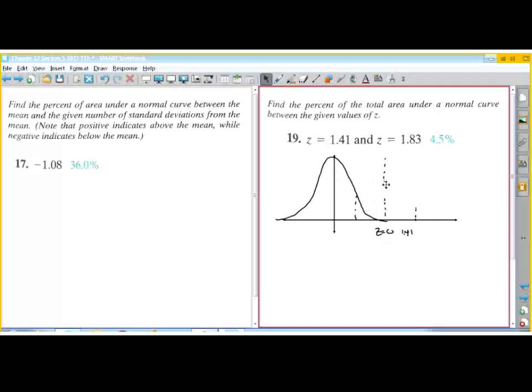There we go. When you talk about z-scores, the distribution would be around the 0 point. So let me move this over here. There's z equals 0. Z equals 1.41 would be to the right, and then a little further, that would be 1.83.